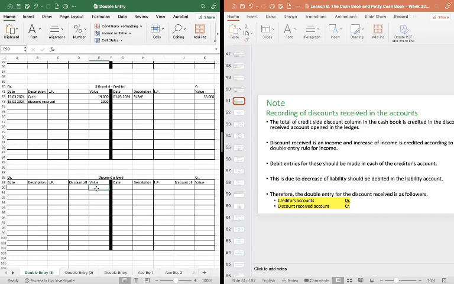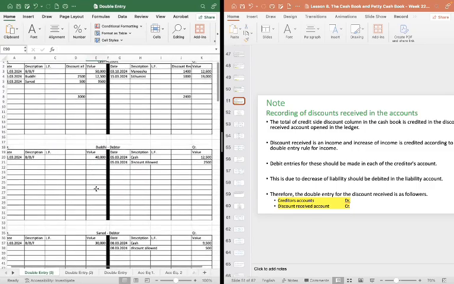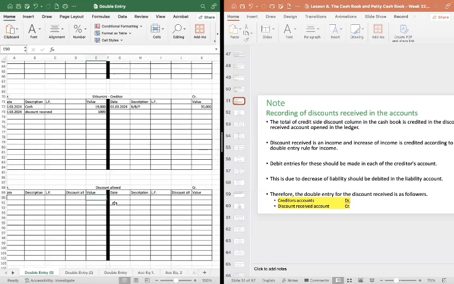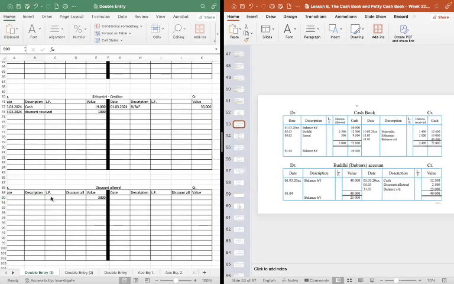Right? Then what do we do? Now there is a total of 3,000 discounts allowed. So we make a separate account called discounts allowed and we debit it by 3,000. Okay. Now, the discounts allowed, we are giving it to debtors.